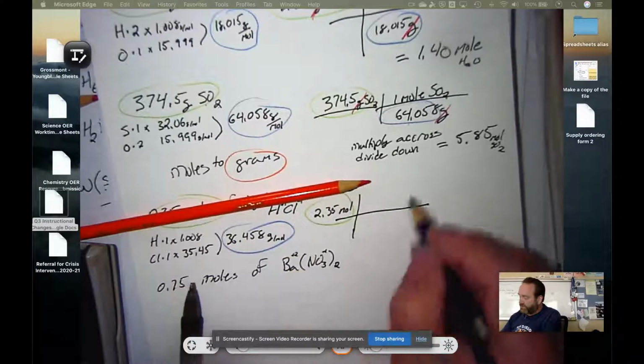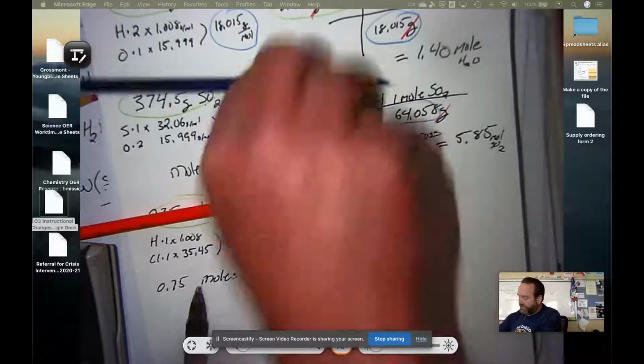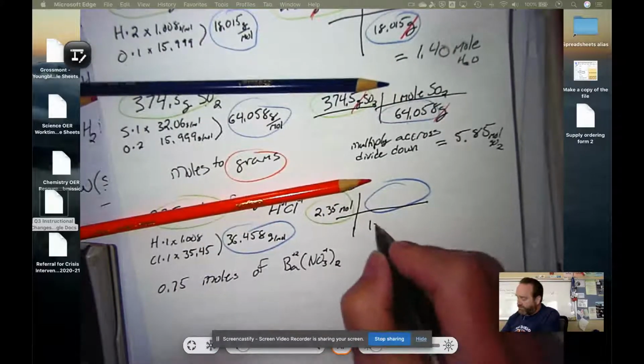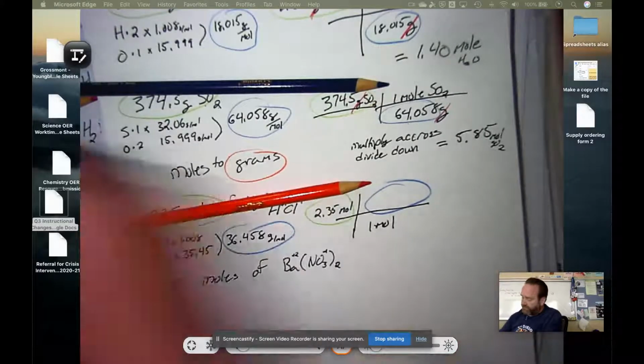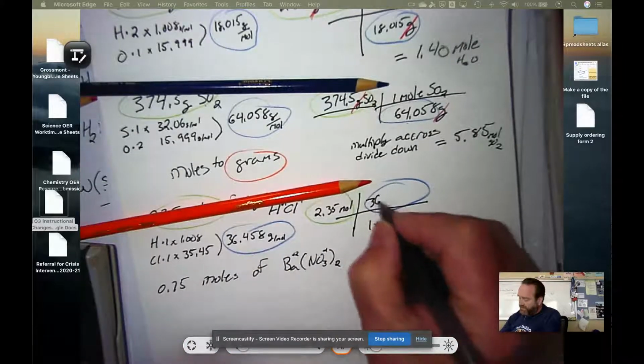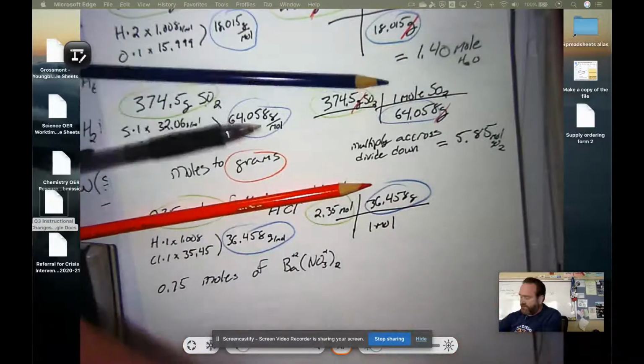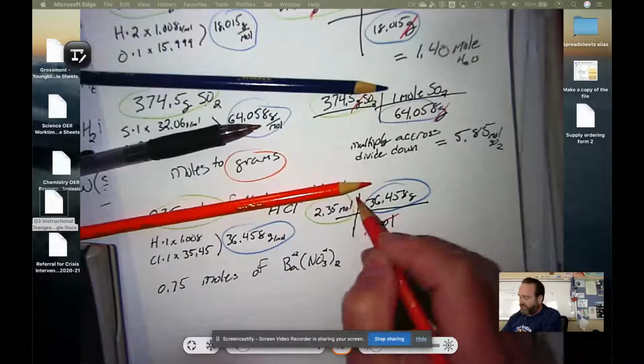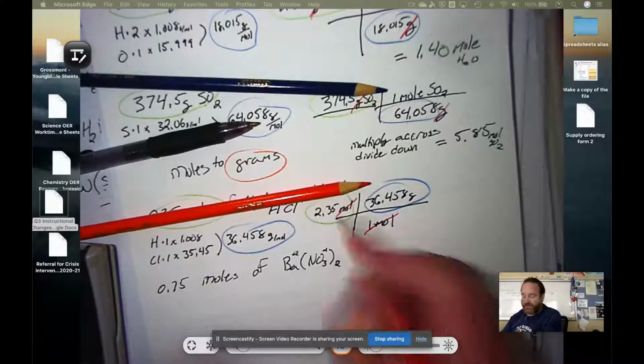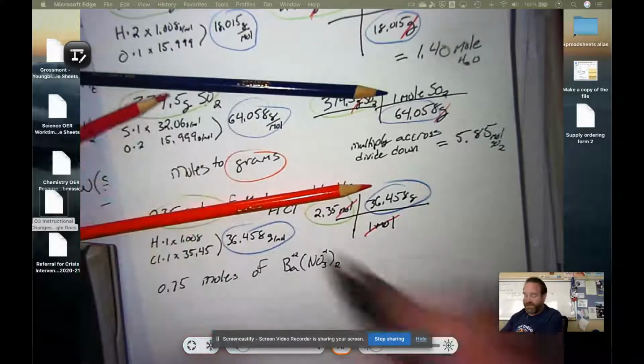So I'm going to put my conversion factor right up here so that 1 mole in 36.458 grams. This way I can cancel the moles and I will find the correct answer in grams.